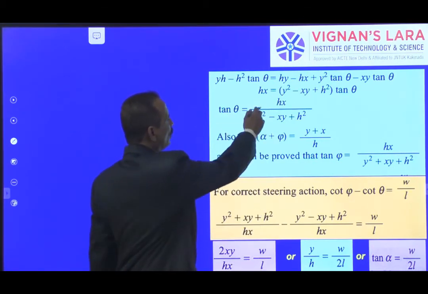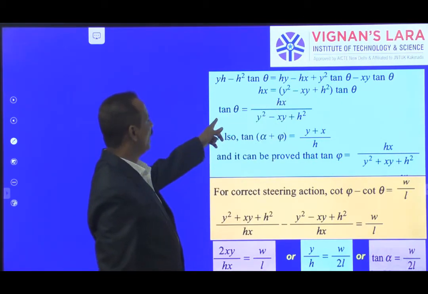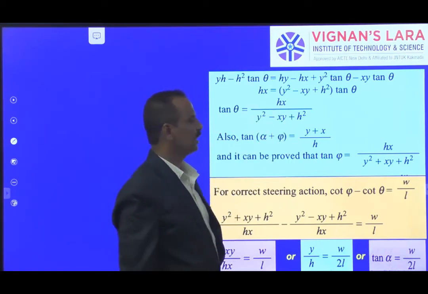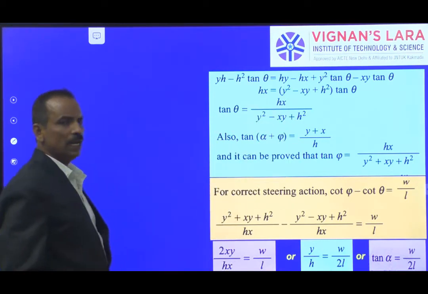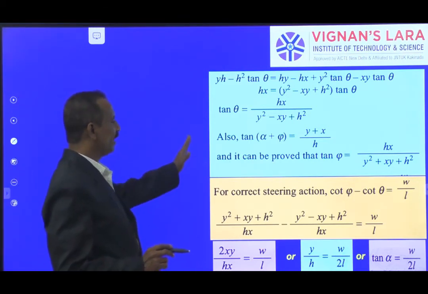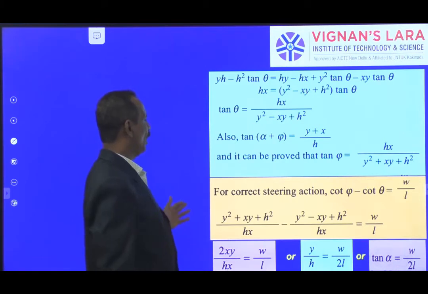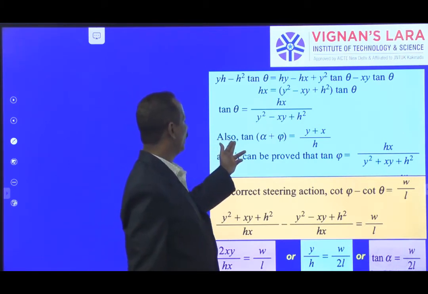So rearranging those terms, I get tan theta is equal to hx by y square minus xy plus h square.